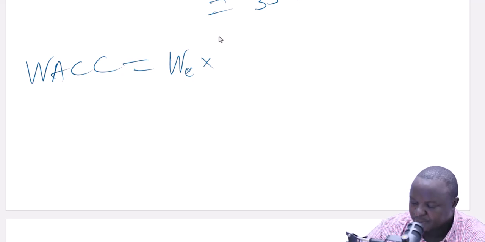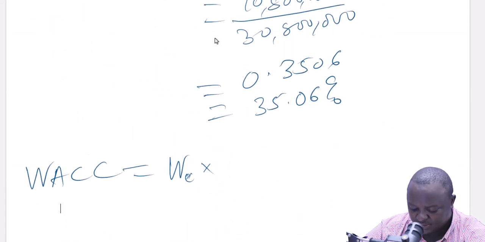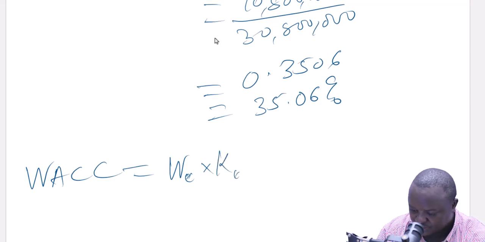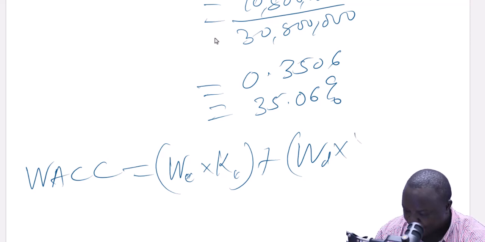The weighted average cost of capital equals the weight of equity times the cost of equity, plus the weight of debt times the cost of debt times 1 minus tax.